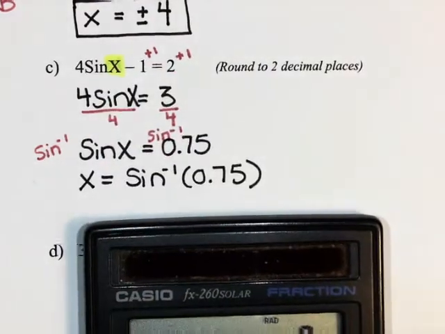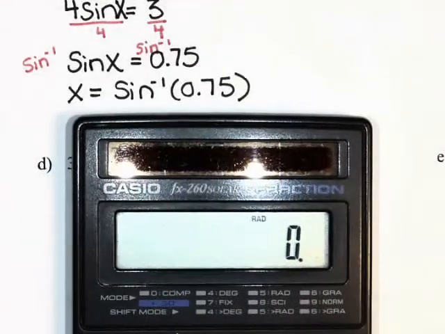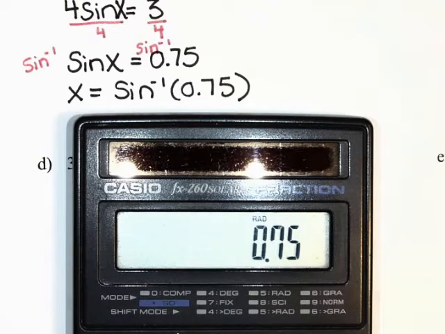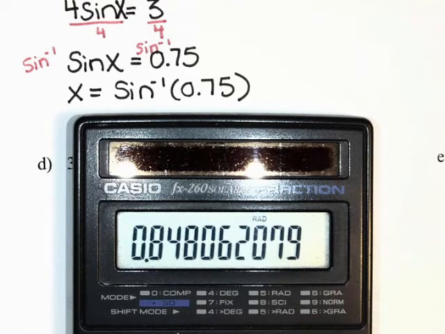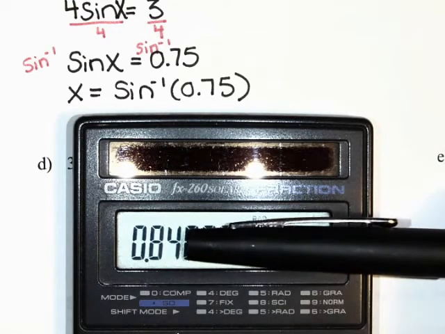From here, I have choices. If you see what you type in on the screen, when you see sine, cos, and tan show up, you would do shift and then sine bracket 0.75 close bracket equals. I have to do it the other way around. I have to put in the 0.75 and then shift and sine. And I get approximately 0.84.